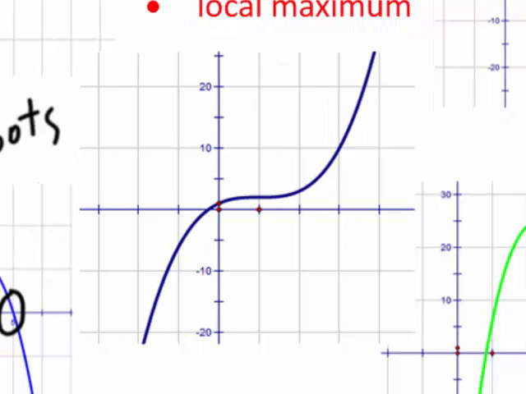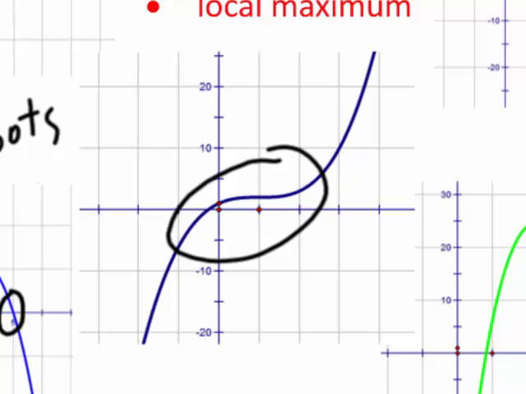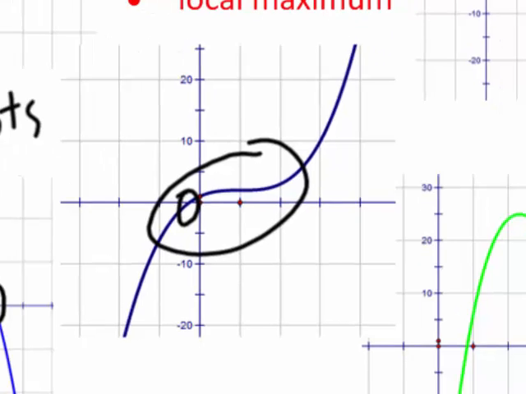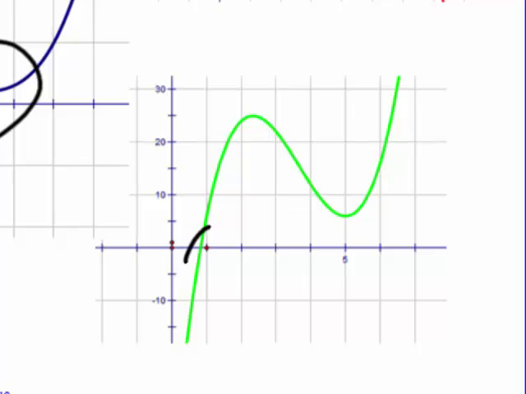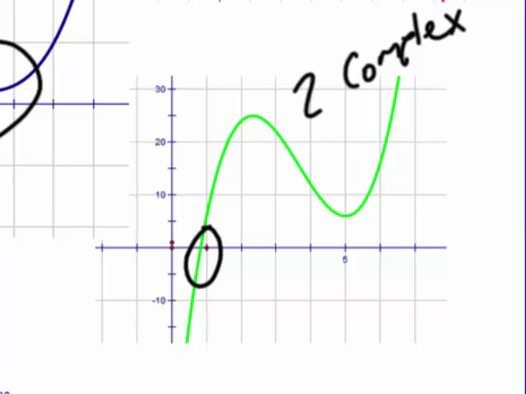And the same kind of case is this one. We see a root right here, and then we're actually going to have 2 imaginary or complex roots because it doesn't cross or bounce off the x-axis anymore. We'll talk about that a little later too. And then this last one, same thing. You've got 1 root, and there are going to be 2 complex roots, 2 roots that are not real.